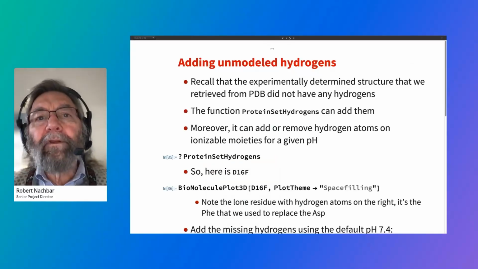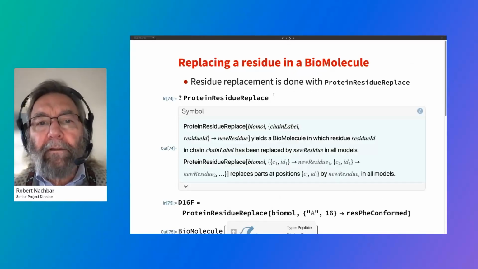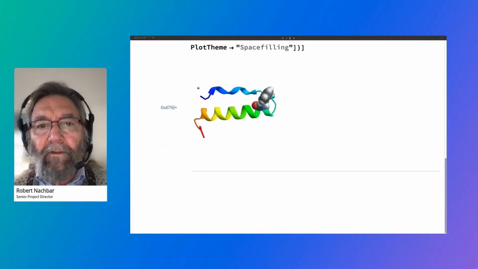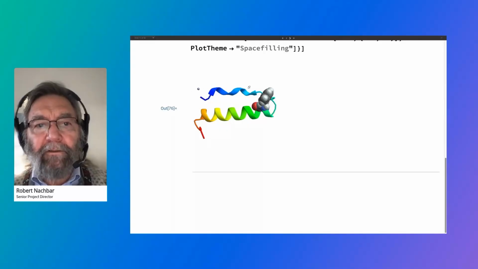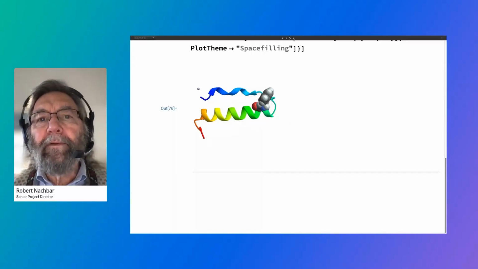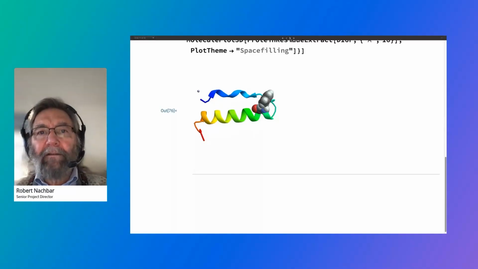Okay, now if we go back and look at this, you'll notice that the phenylalanine that we put on has hydrogens on it. The whole rest of the structure is missing hydrogen atoms. So we want to be able to correct that.